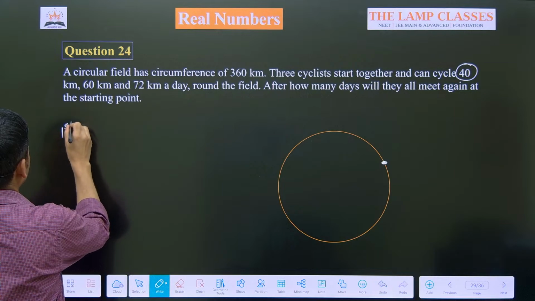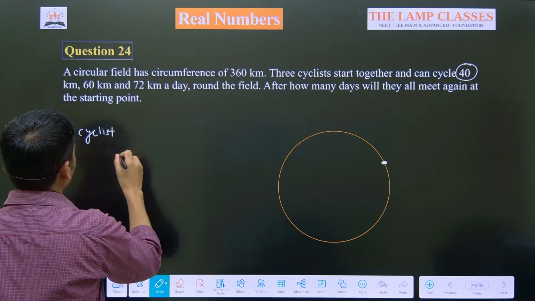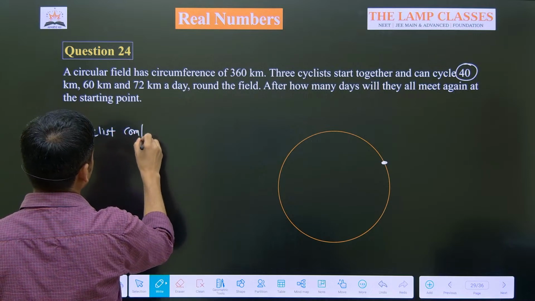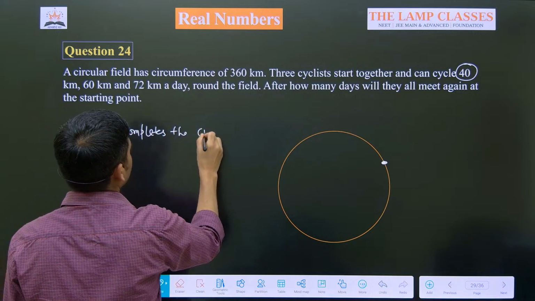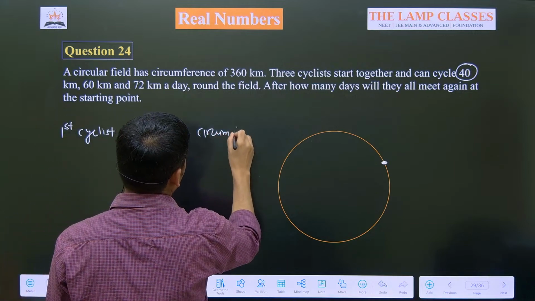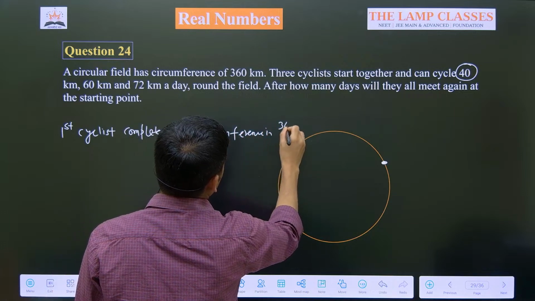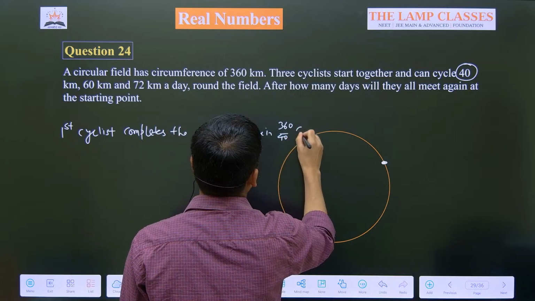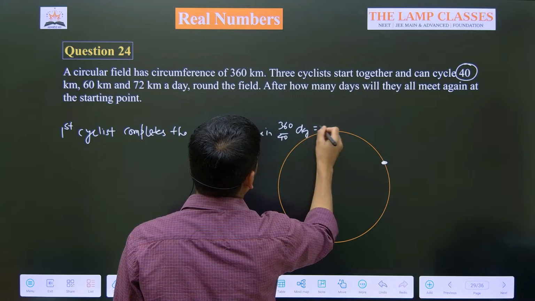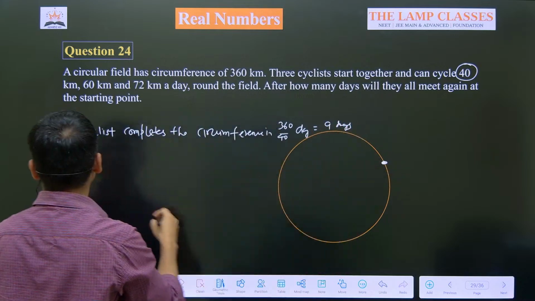So here we can write: the first cyclist completes the circumference in 360 upon 40 days, right? That has to be 9 days, na? In 9 days he completes it.